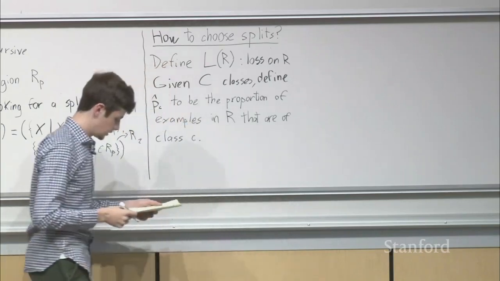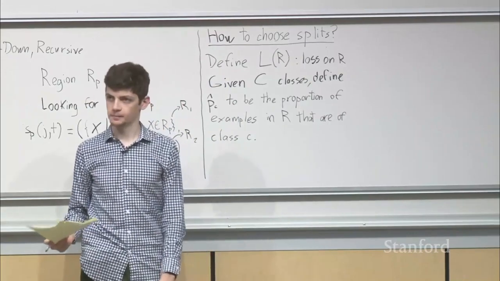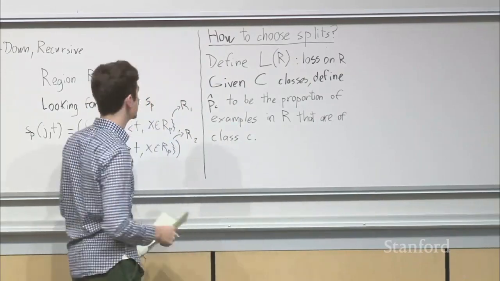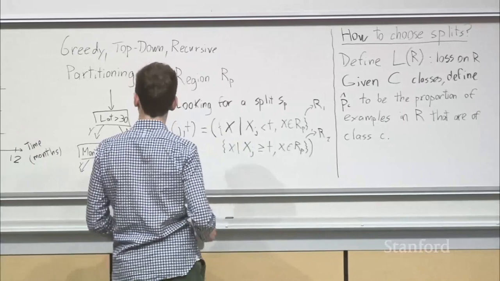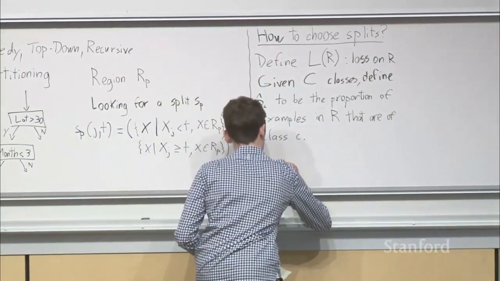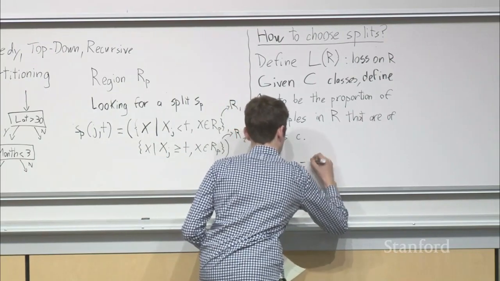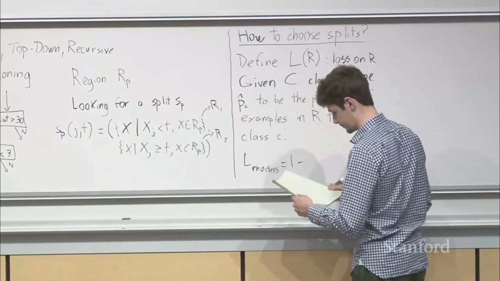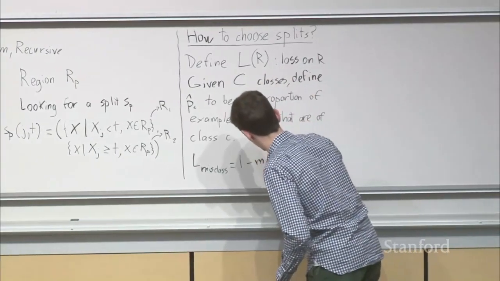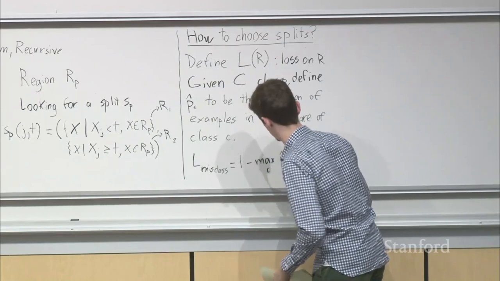Okay? And so now that we've got this definition where we have this P hat C telling us the proportion of examples that we've got in that case, you can define the loss of any region, let's call it misclassification, as just 1 minus max over C of P hat C, okay?